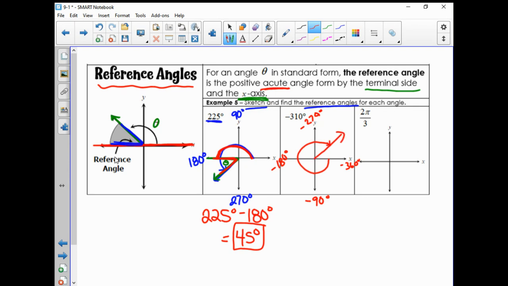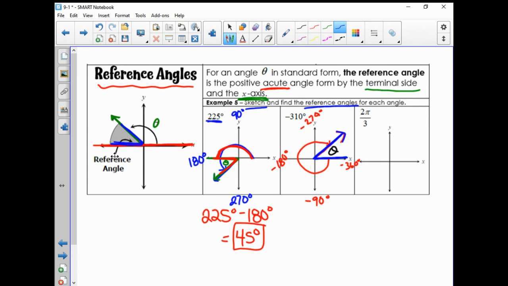And that's my negative 310 degree angle. So again, the reference angle, guys, has got to be from the terminal side right here to the x-axis. So here, let's do it blacker this time. That's the theta. That's the angle that I'm trying to find right there.